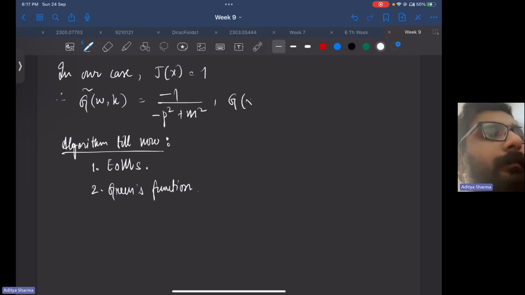So this will imply your x prime is the integral for k of this thing, to the power i (k delta x minus omega delta t).